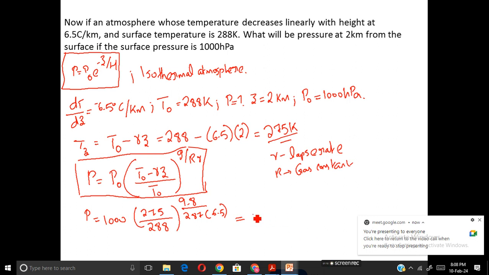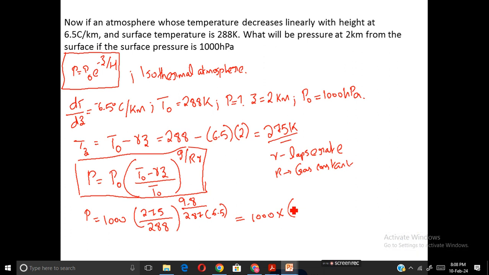So it will become basically 1000 into 275 by 288, right?